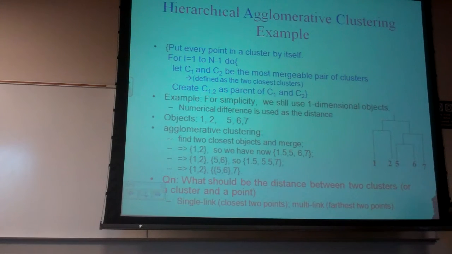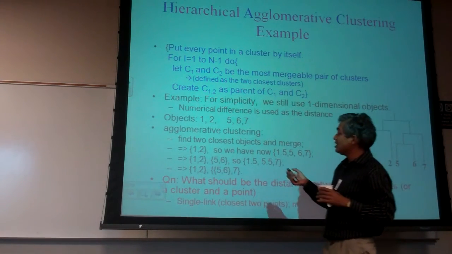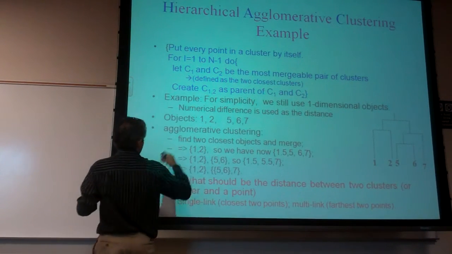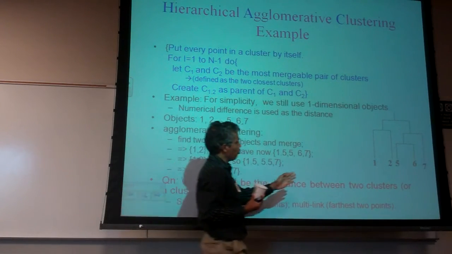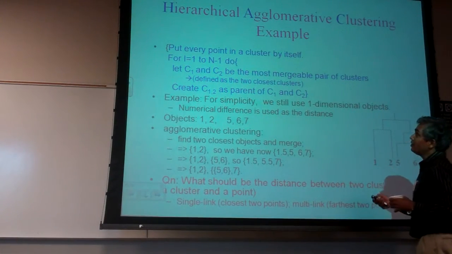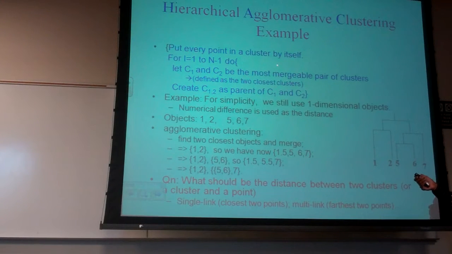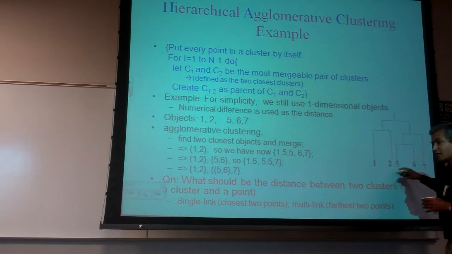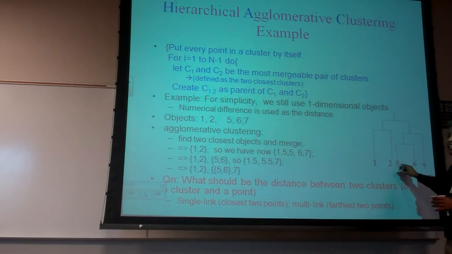In this particular case, I started with 1, 2, 5, 6, and 7. The idea is you assume that you have a set of clusters. In the beginning, you have a set of singleton clusters.